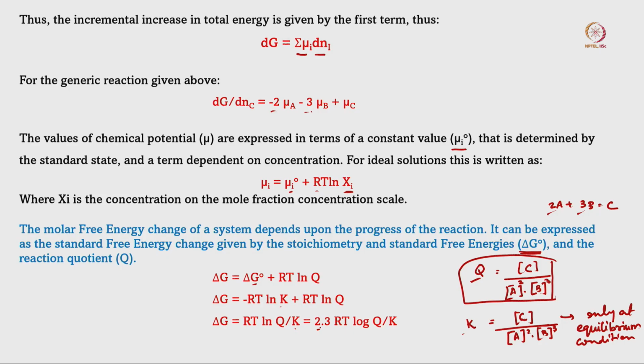So just change it to log terms: delta G is equal to 2.3 RT log Q by K. This is a very important equation and we are going to use it very often in thermodynamics, so you have to at least remember this equation.